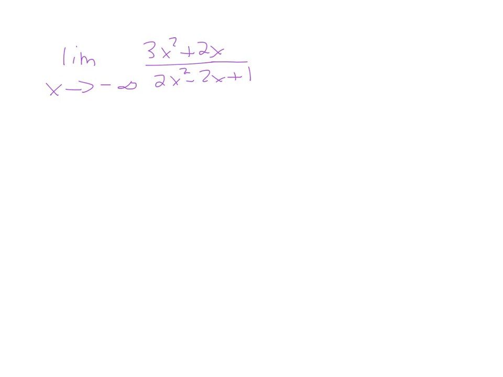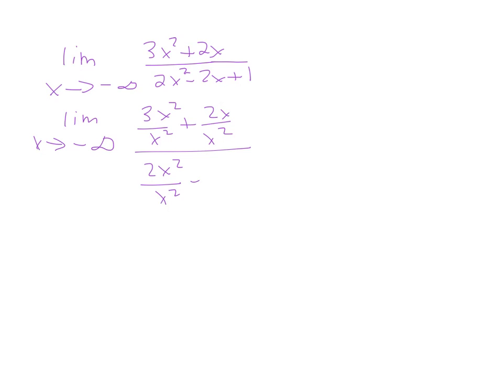So in this case, x squared is the highest. And what you do is you rewrite the equation with all of these guys being divided by that, like this. See, so everybody's being divided by an x squared, okay?